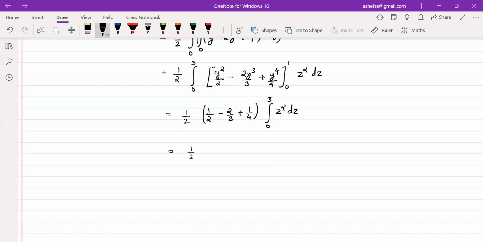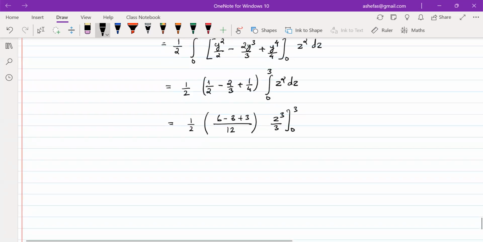Equal to 1 by 2. So we have to take LCM. LCM can be taken as 12. So 6 minus 8 plus 3, and z cube by 3, the limit is 0 to 3. So 1 by 2, 6 minus 8 would be minus 2... so it would be 1 by 12.